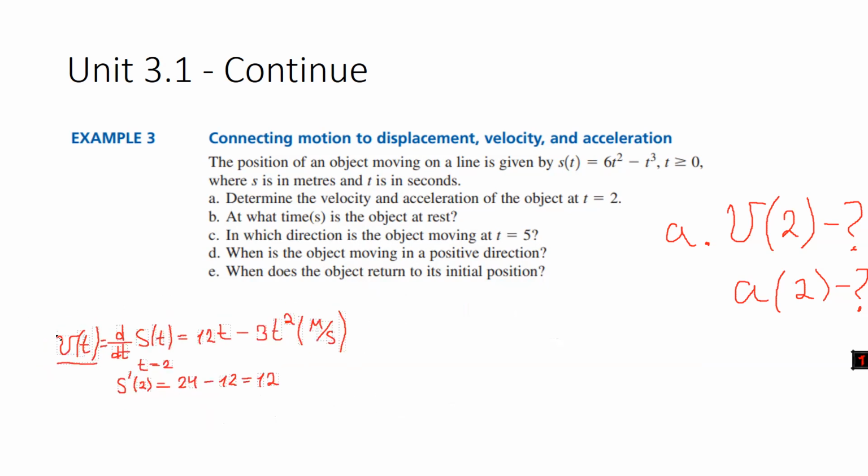A of t equals, wait a second. Yes, a of t equals d over dt times s prime of t. Yeah, like that. Equals 12 subtract 6t.